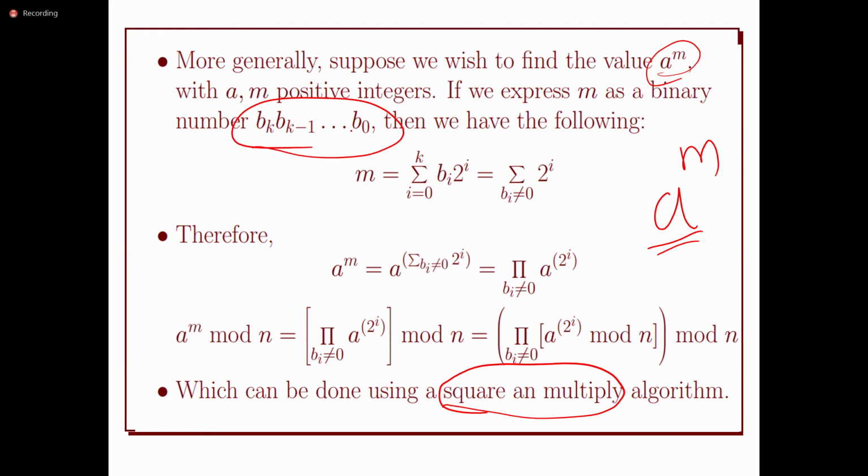The binary bits should be multiplied with the powers of 2. The binary value is either 0 or 1, so it should be multiplied with the powers of 2. So that is the procedure.